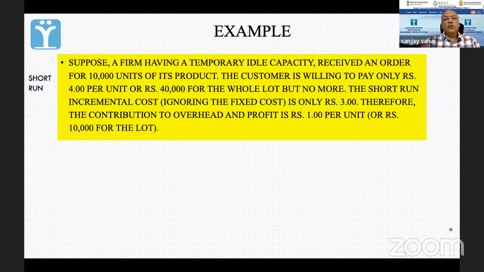So essentially, our revenue is going to increase by 40,000 and our profits are going to increase by 10,000. So in the short run, if they take this decision, they will definitely end up with a profit.